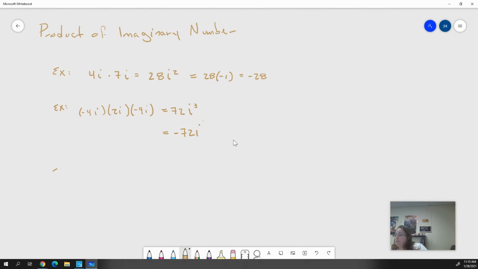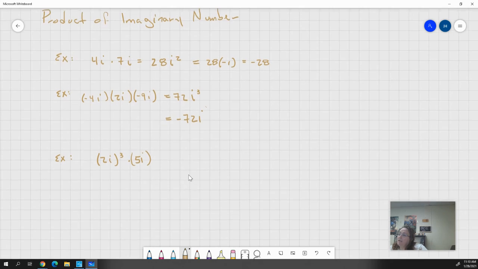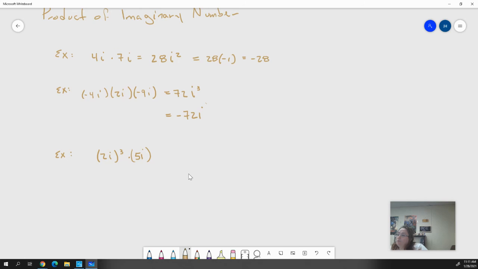Here, if we look at this example, and we had 2i cubed times 5i. Well, let's just look at that for a second, right? 2 cubed equals 8. i cubed is just i cubed. We'll keep it that way for now. Times 5 times i, 5i.